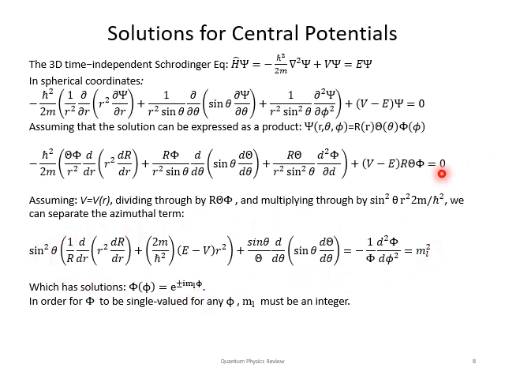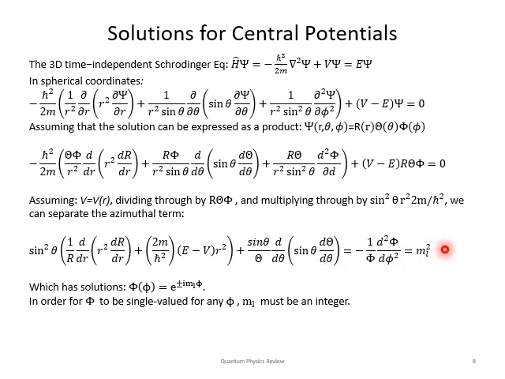I had a 0 on one side, but now what I've done actually is to pull the phi equation over to one side, leaving theta and r behind. The only way that this can be true for all r, theta, and phi is if the two sides of this equation are equal to a constant.